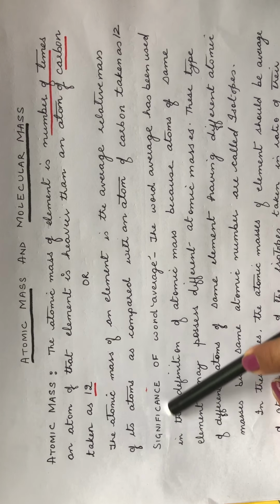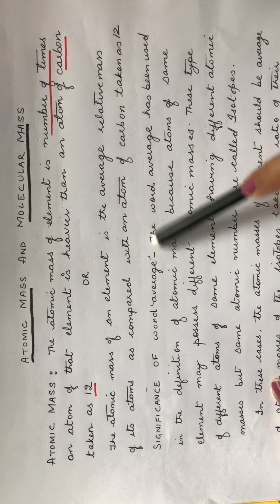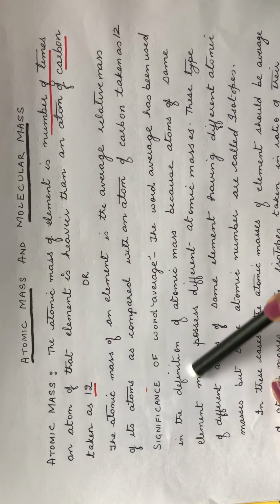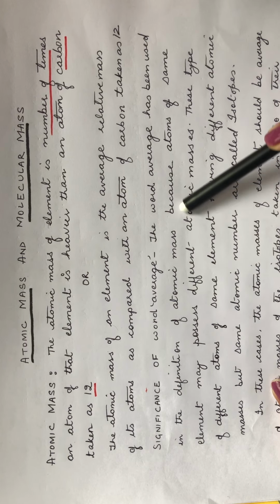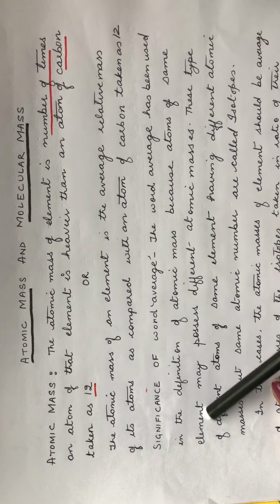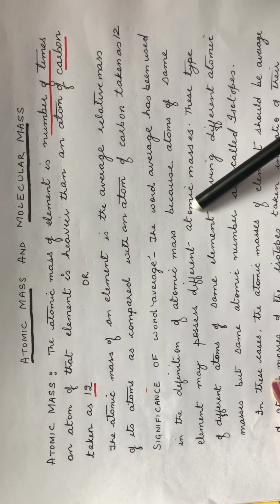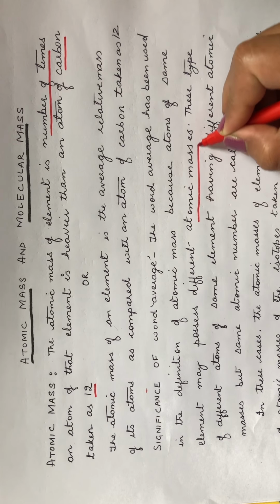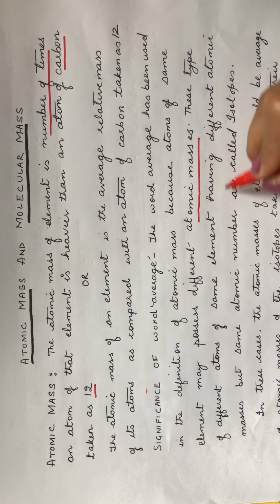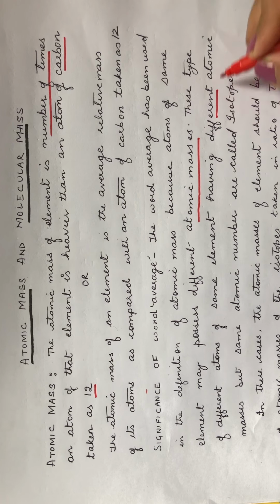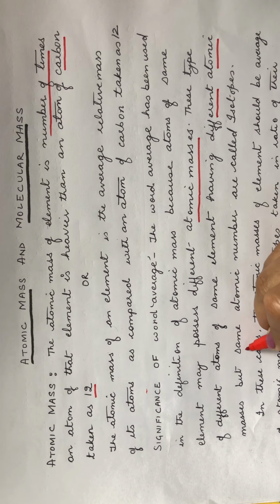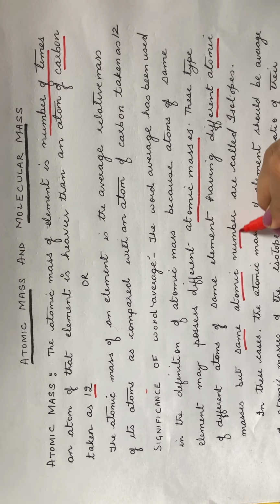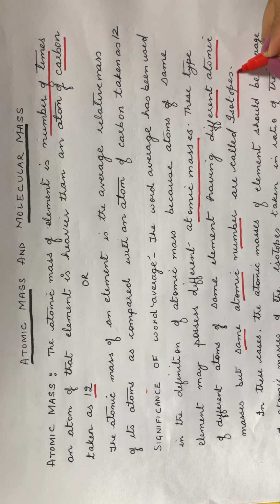The word average has been used in the definition of atomic mass because atoms of the same element may possess different atomic masses. These types of atoms of the same element having different atomic masses but the same atomic number are called isotopes.